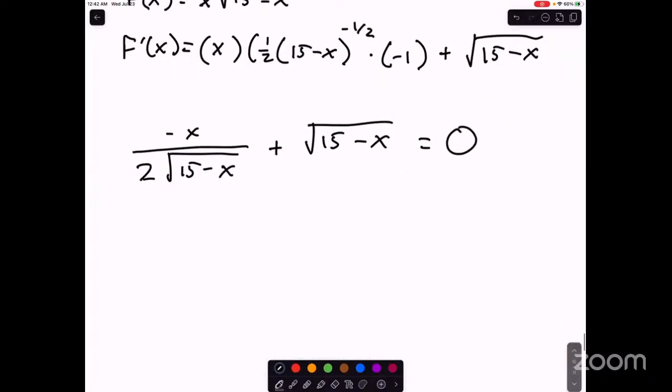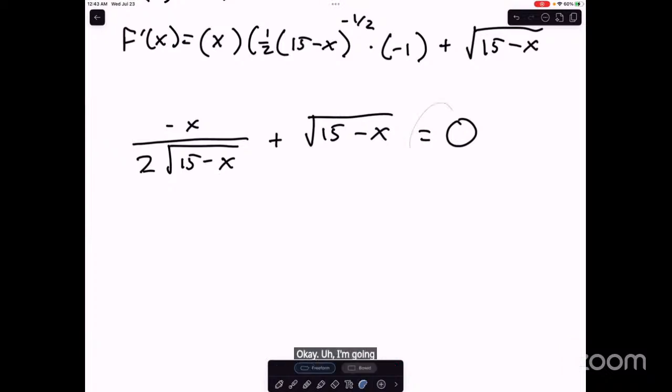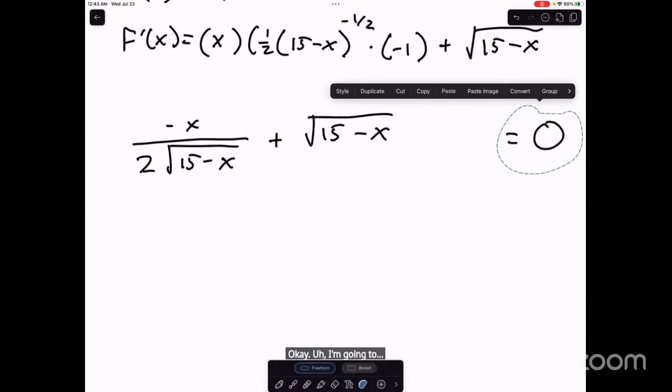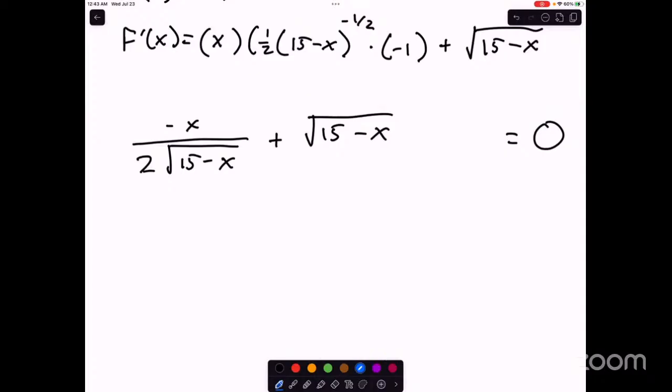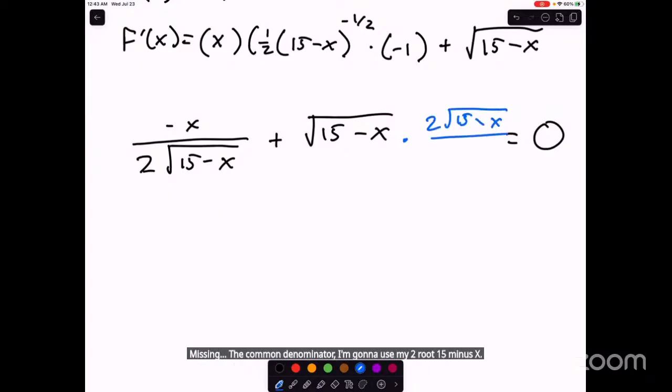I'm going to combine like terms, using a common denominator of 2 root 15 minus x.